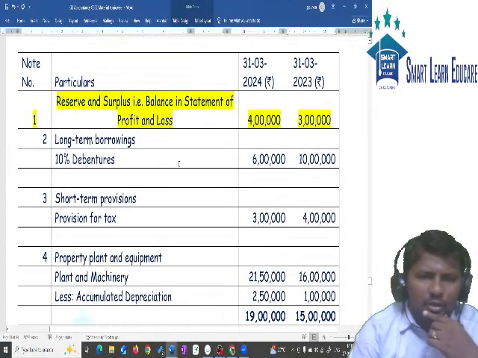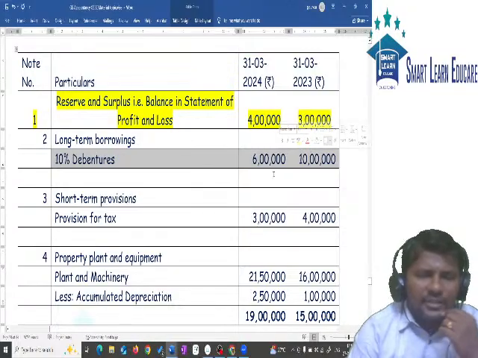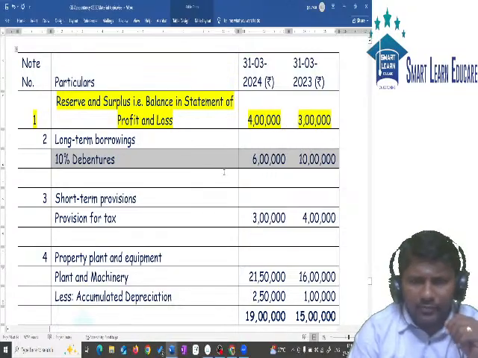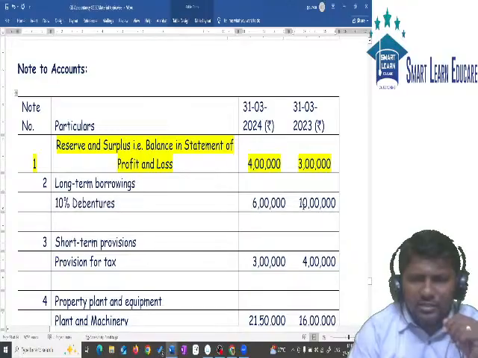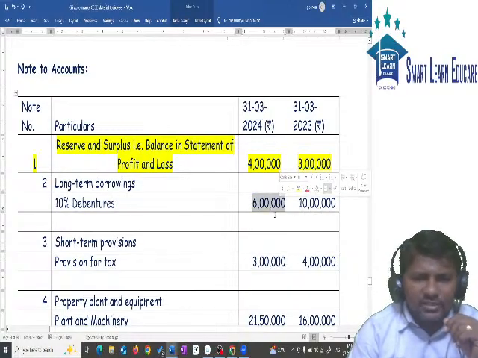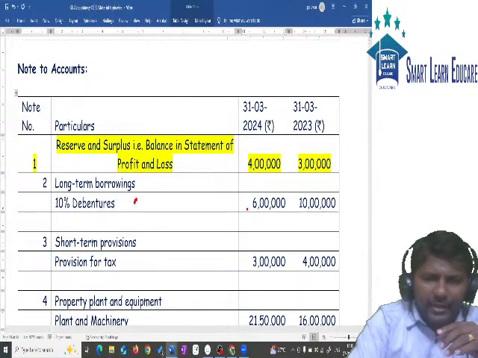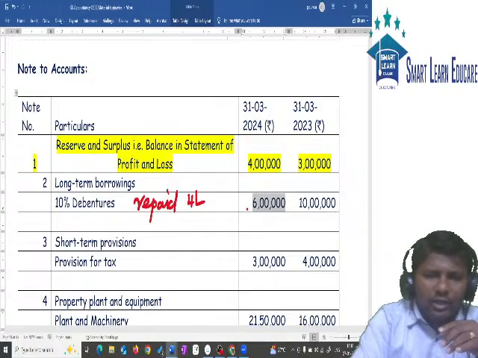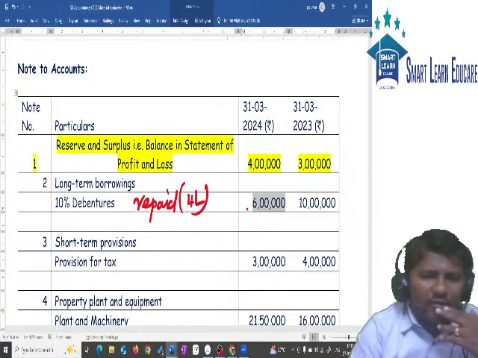Point number 2, this 10 lakh and 6 lakh represents debenture. Debenture is a long term borrowing. The opening balance of debenture is 10 lakh, closing balance is 6 lakh, meaning debenture is repaid. How much is repaid? 4 lakh. When you repay debenture, 4 lakh is outflow of cash.